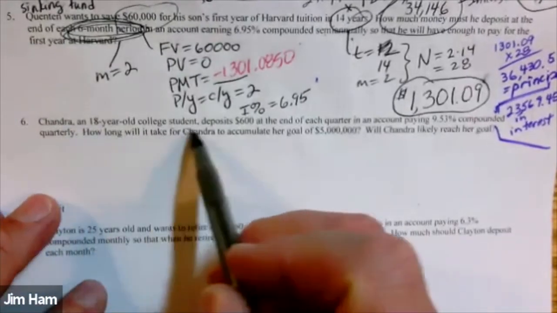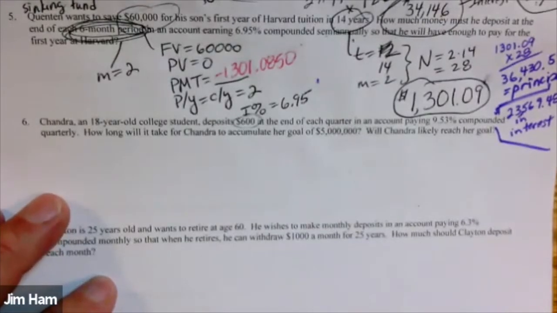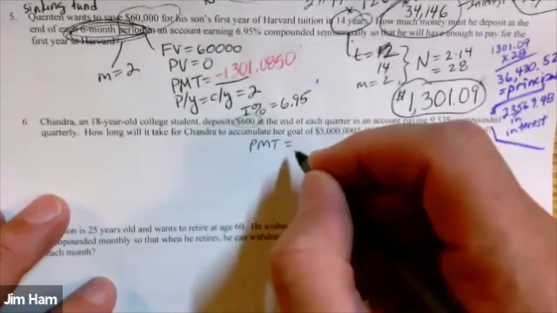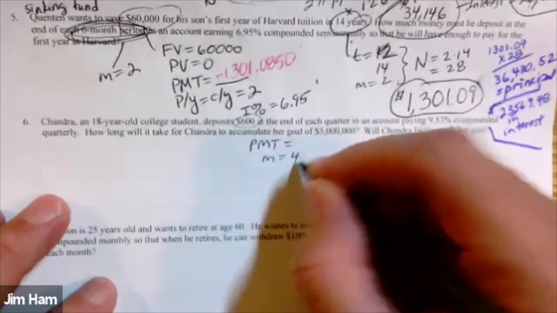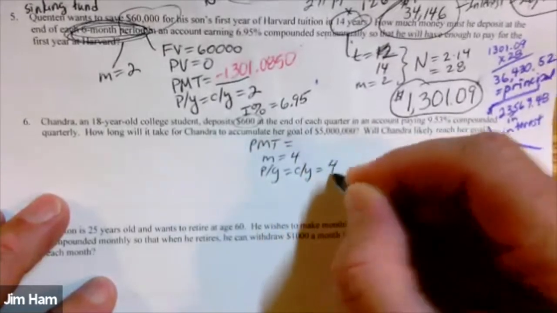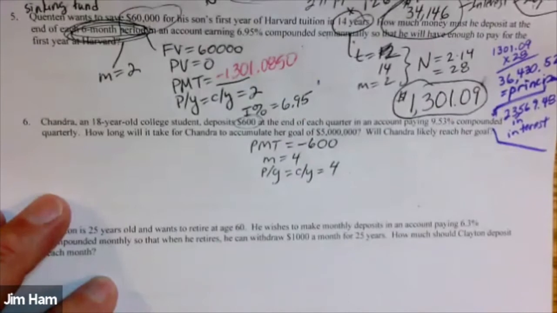Chandra, an 18-year-old college student, deposits $600 at the end of each quarter. So this again is an annuity because the payment is going to occur multiple times, periodically, in this case, each quarter. So M is equal to 4, which means payments per year, compounding periods per year, also 4. The payment is 600.